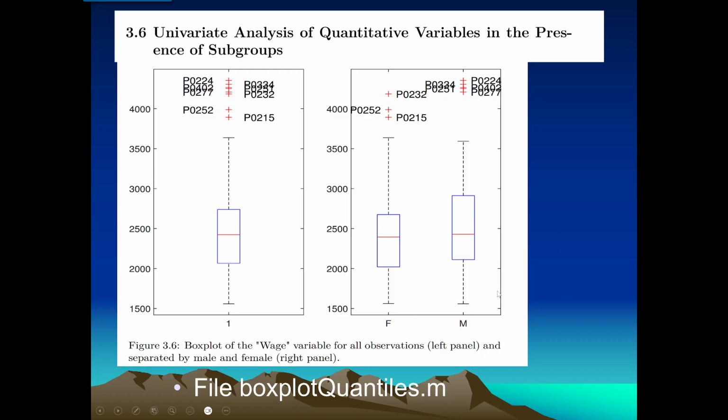So let us comment on this plot before seeing the details. Is the distribution right or left skewed? Is there a positive or negative asymmetry in the wage? Surely positive asymmetry. The length of the right tail is longer than the length of the left tail. So you see, the distance here is greater than the distance here. And the outliers are on the right-hand side of the distribution, not on the left-hand side.